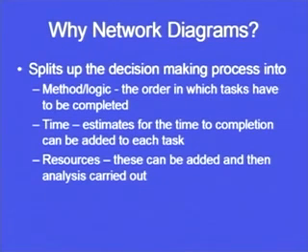So, when all these tools are available, what is the need for going for network diagrams? Network diagrams basically split up the decision making process into method, logic, the order in which tasks have to be completed. So, the interrelationship is one of the most important catch points of the networks.